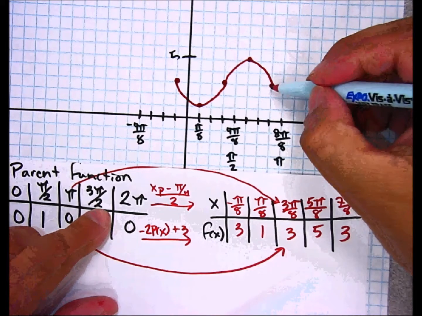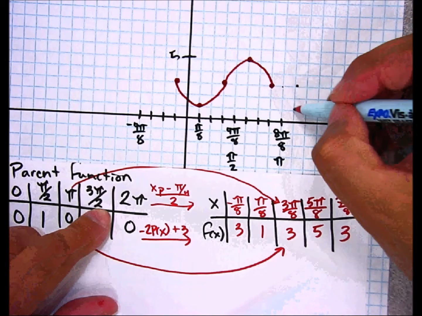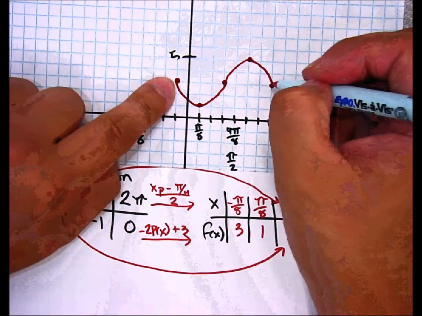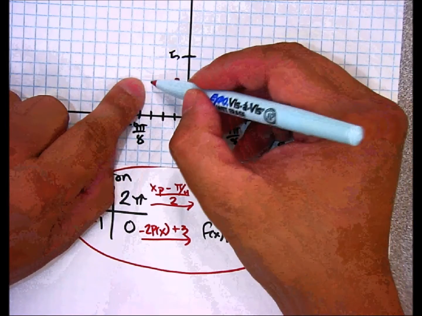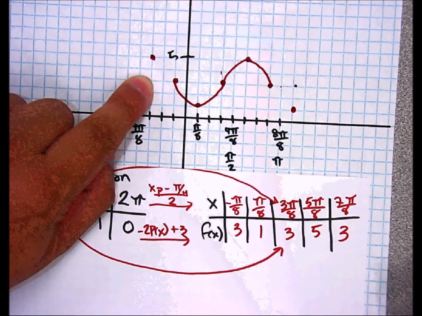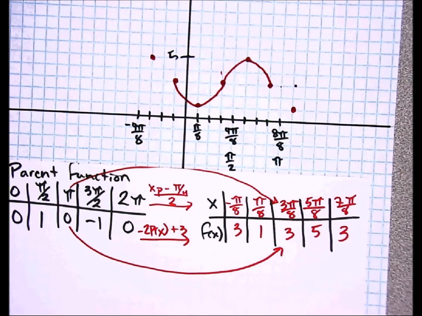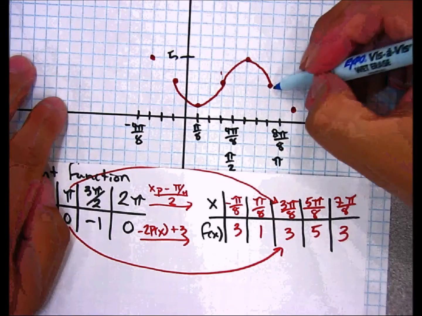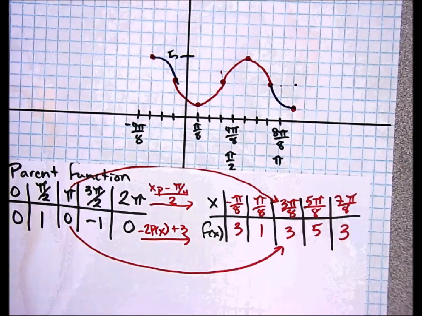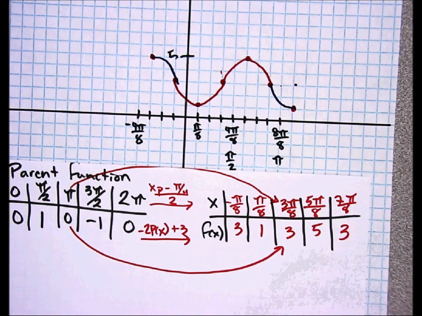Go over 2 steps, and then minimum. On the left, I'd go over 2 steps, and I would go maximum. And so you're starting to see where the next 2 periods are forming. I know a lot of times we want 2 full periods. That's how you would do it.